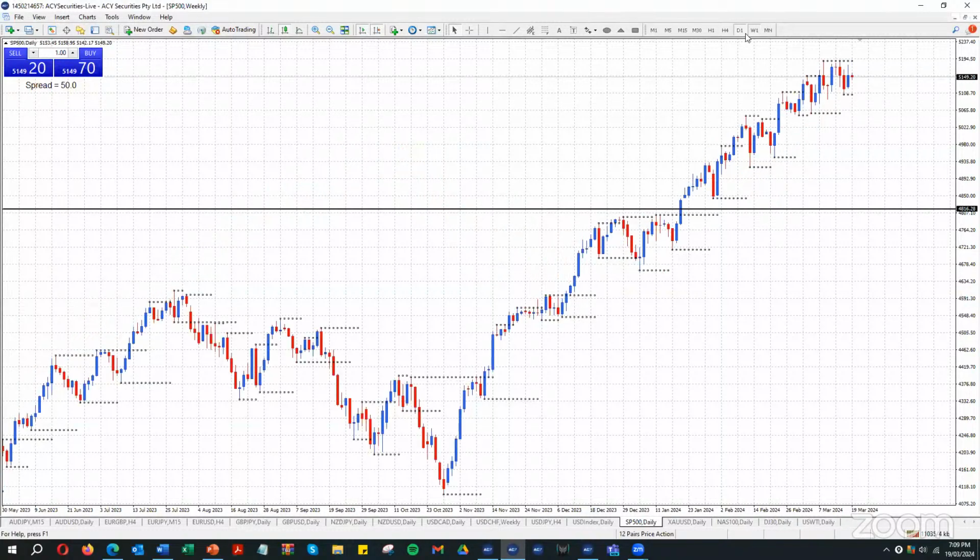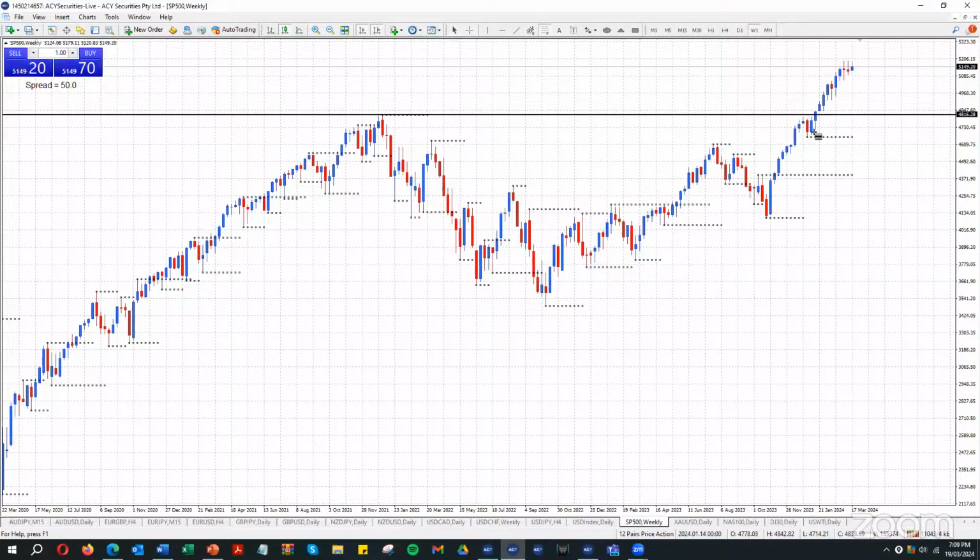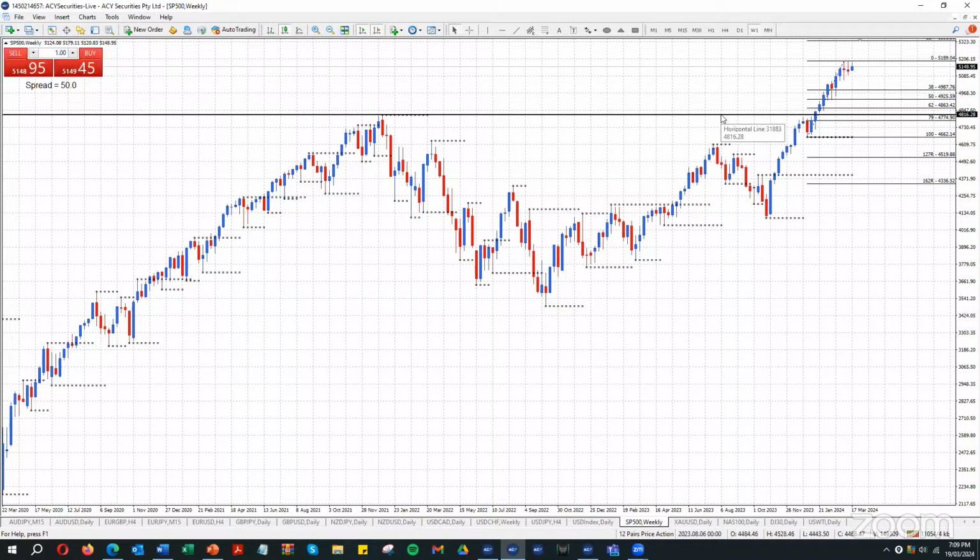So, back to the weekly at the moment, I'd be monitoring for this to have some form of a weekly pullback. Whether or not it does, for me, it could pull back, say, to a 62% retracement here, or in between 62, 79% and what was the all-time high there at 48.16. Whether we can get that far down, I don't know.